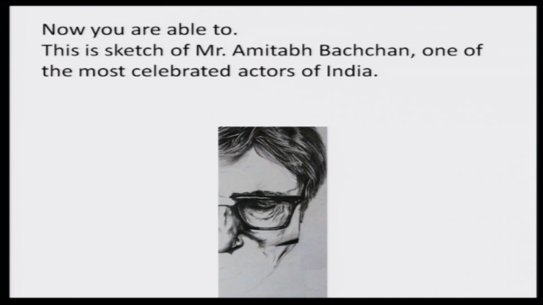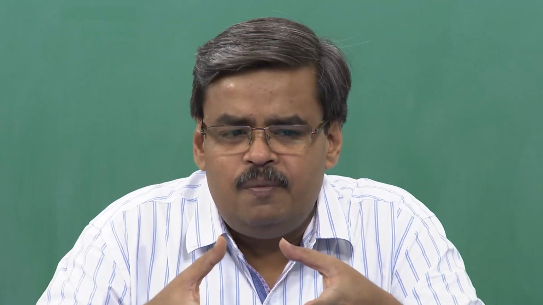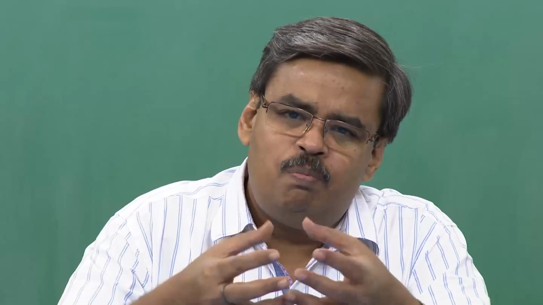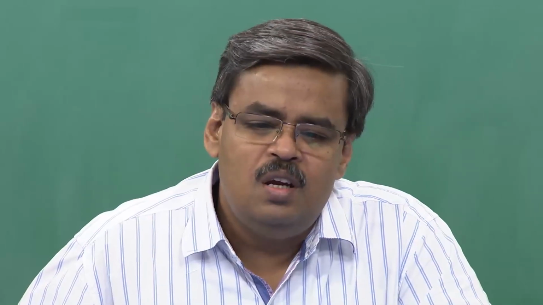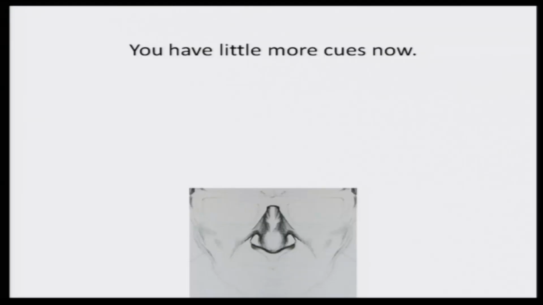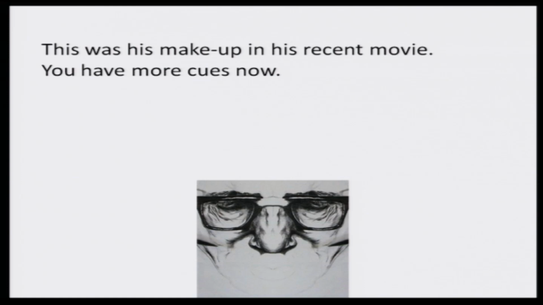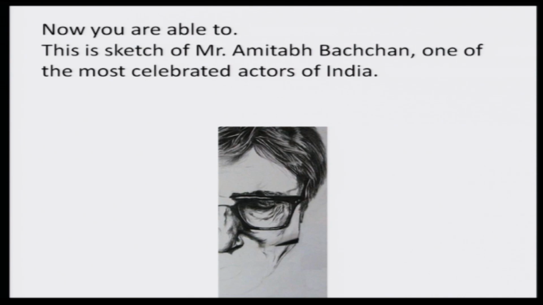So, what actually happens here is that you are acquainted with the character, you were presented with part of the information, and depending on how well acquainted you are with the facial features, you would have identified. In the first case, you would certainly not have succeeded, many of you would have succeeded just after the second slide when a little more cues were given, and after this much approximately all of you would have identified who this person is. This is called the priming technique.